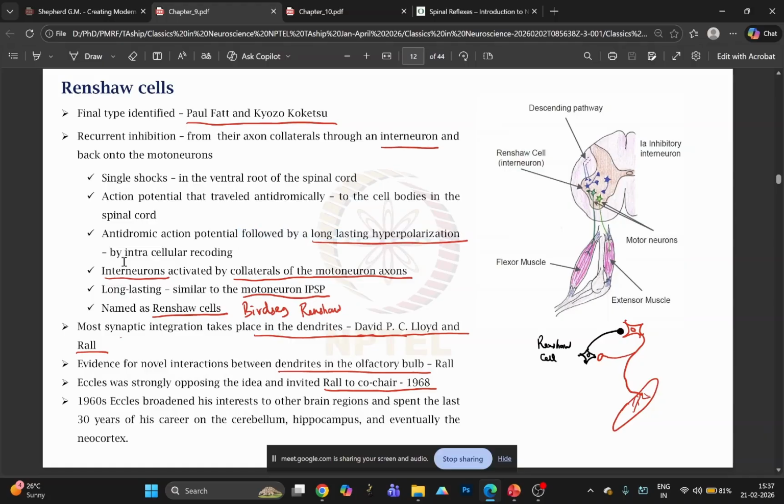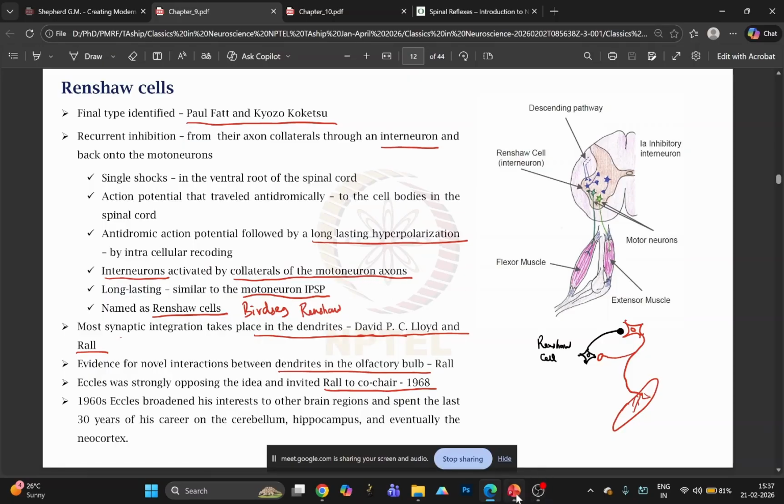This was something they observed by intracellular recording. They did not understand why there was this hyperpolarization because they were only stimulating the axon. They discovered that there were certain interneurons that were getting activated by collaterals of the axons.